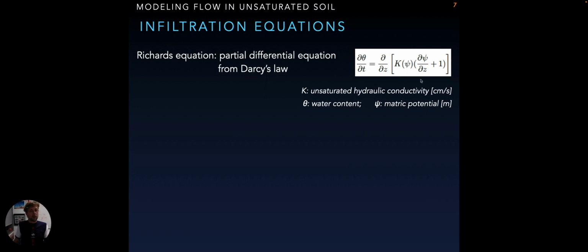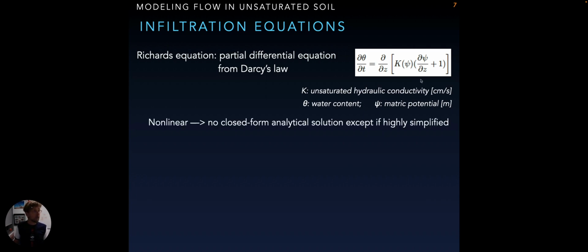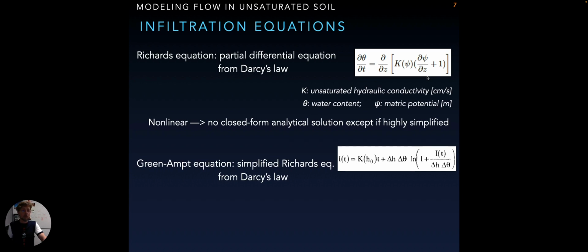But the problem is it's nonlinear, and it's a very difficult equation to solve if you don't simplify it, and simplification tends to be very tricky. So a couple of people have worked on that equation and tried to simplify it. One of the first approaches is the Green-Ampt equation, that we won't be using either.